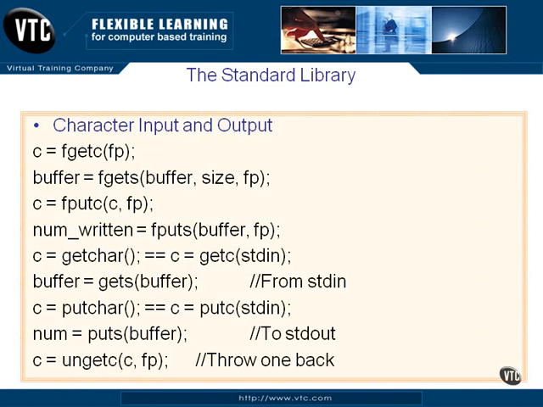There's also character input and output, that after we have a file open or we're going against standard in and out. Here we have fgetc from a file pointer gets a single character. fgets will read a string from the standard in into a buffer up to this many characters, and fgets reads from a file.